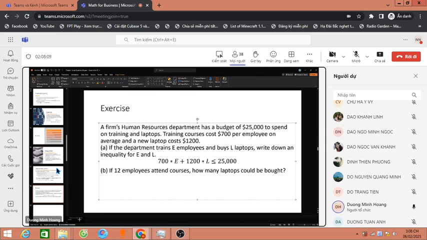Now part B: if there are 12 employees in the courses, how many laptops could be bought? In this case, we still have this inequality, but now 12 employees are registered for the course, so E is 12.